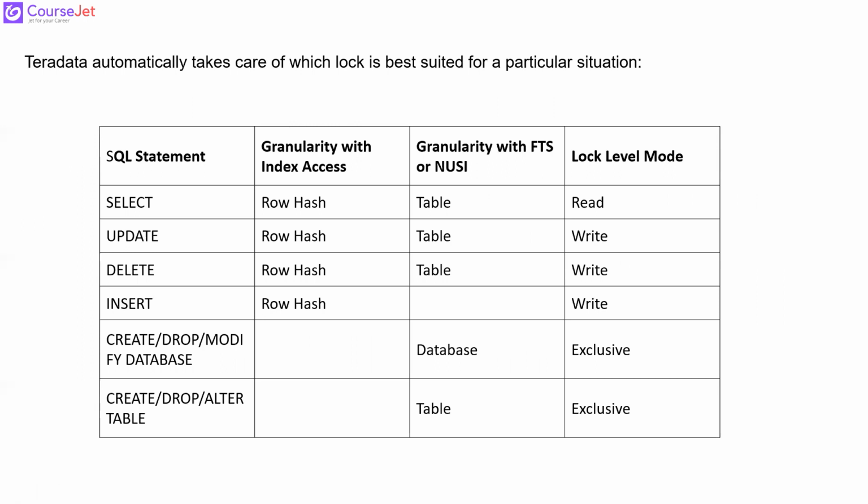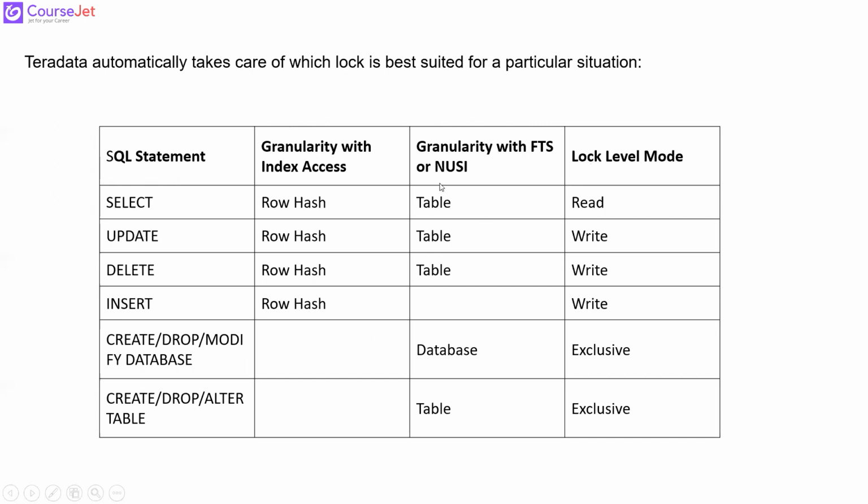And this is the granularity level, like at what level a lock will be applied, in which operation. If you can see here, if you are doing a select, it can be done at row hash level or table level.